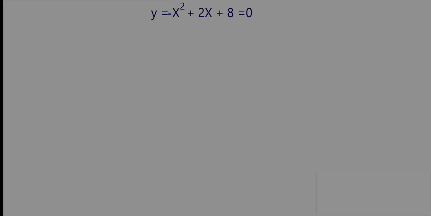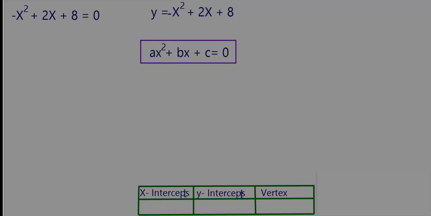Let's find the x-intercepts by rewriting this equation and making it equal to 0. This quadratic equation has a minus sign in front of it, which means it's not in the standard form. For it to be in the standard form, it must be a 1x squared term. To make this equation be in standard form, we divide the whole equation by this minus sign, which is just an imaginary minus 1.